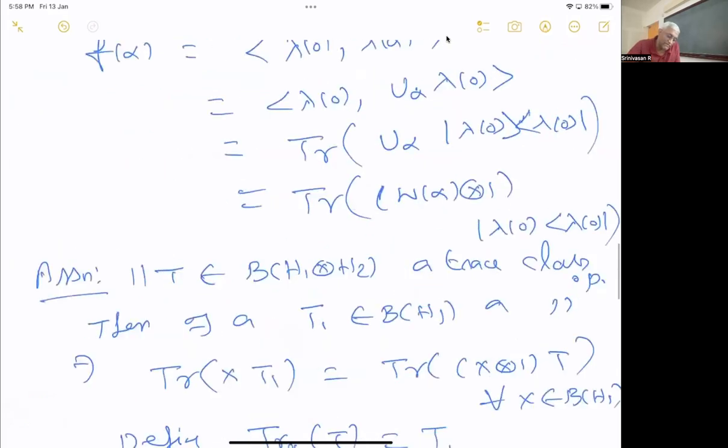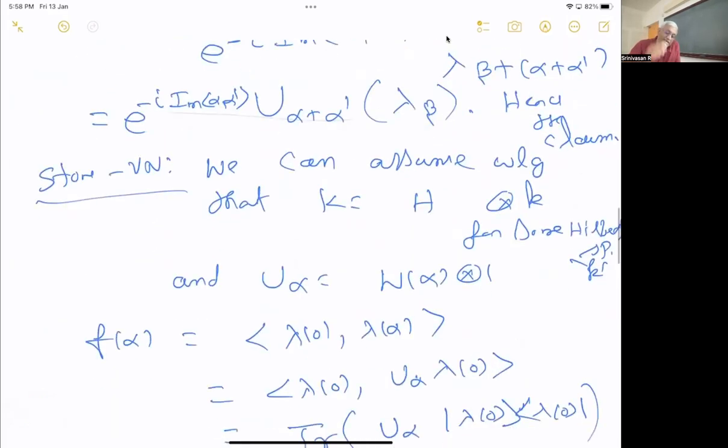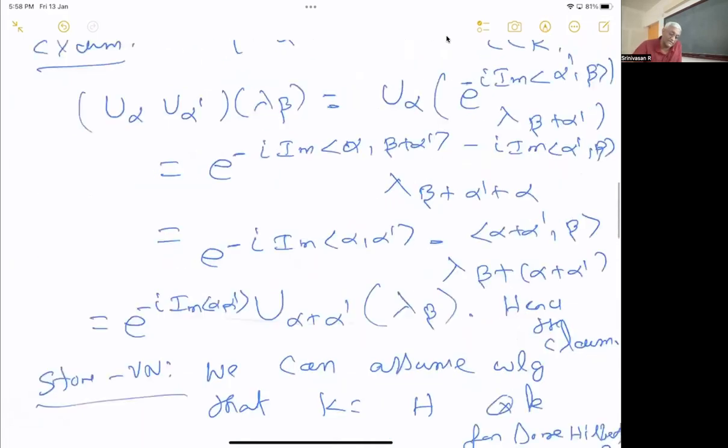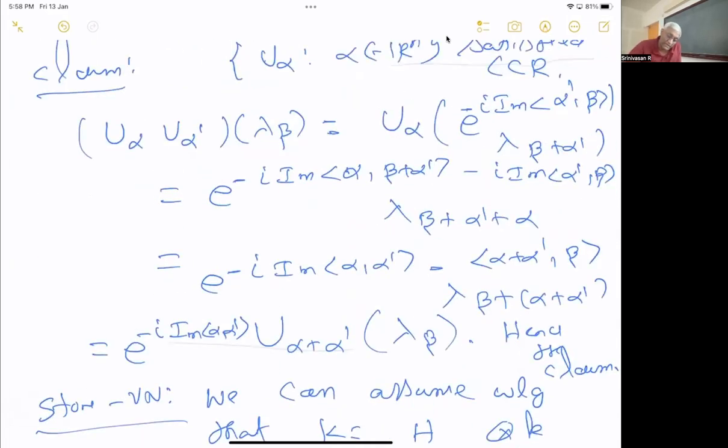I mean, there are a few things I forgot to verify. I said this satisfies the Stone-von Neumann theorem. We have to actually verify that it's strongly continuous, which I forgot. F is continuous, inner product is continuous. So we have to verify that the representation alpha going to U alpha is strongly continuous.